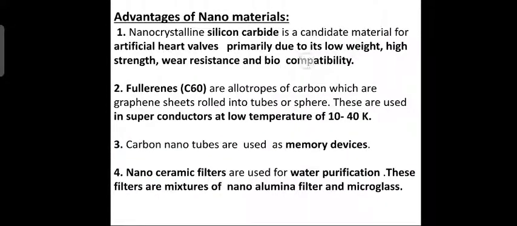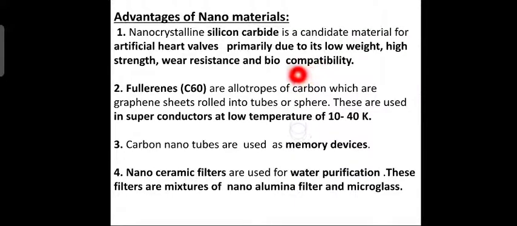Next slide. Now, what are the advantages of nanomaterials? You know that nanomaterials have wide applications. First one, nanocrystalline silicon carbide is a candidate material for artificial valves, primarily due to its low weight, high strength, wear resistance and biocompatibility.